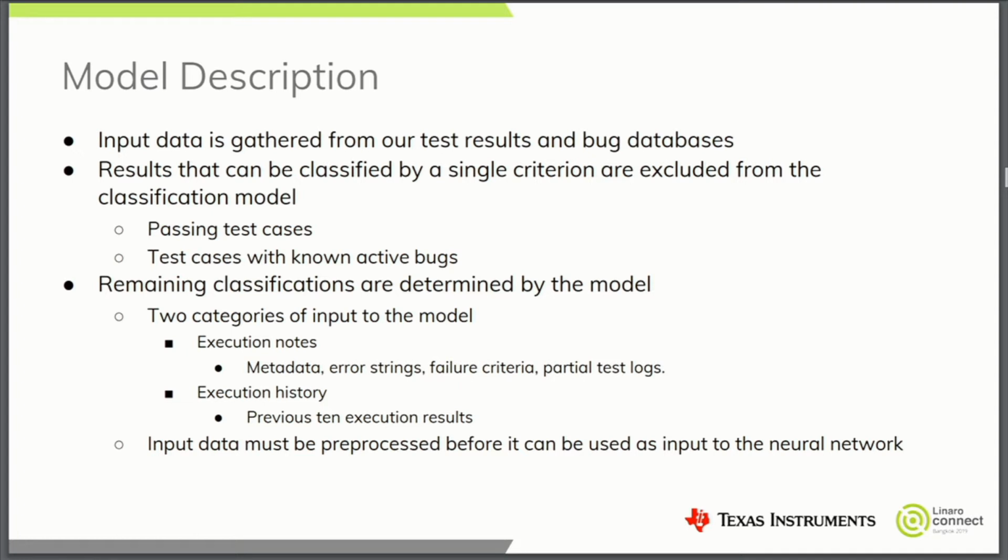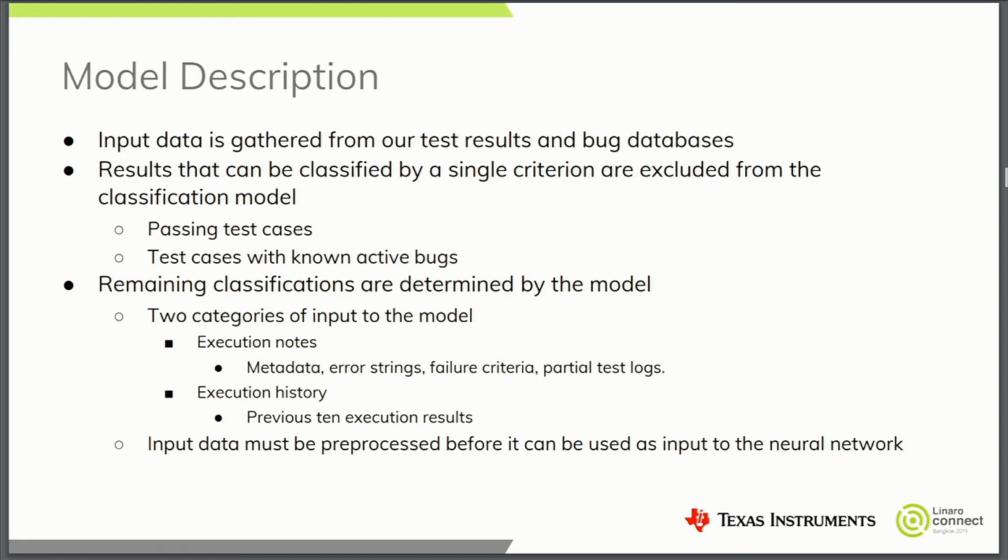Now, the other three potential classifications or buckets are test issue, setup issue, or a potential new problem in the hardware or software you're testing. And for those three buckets is where we need to run our model.